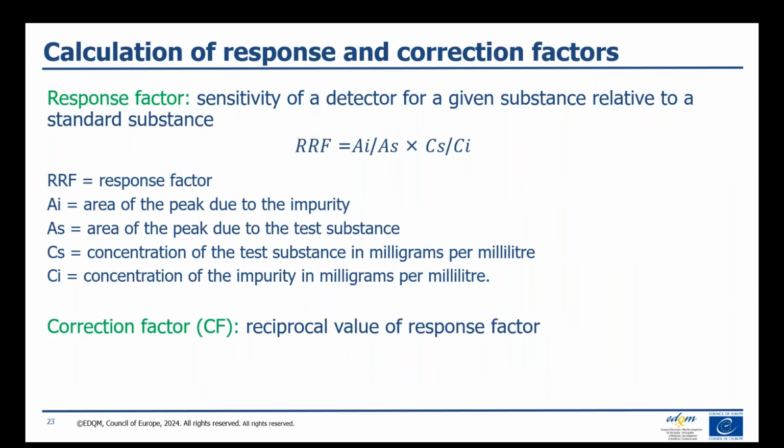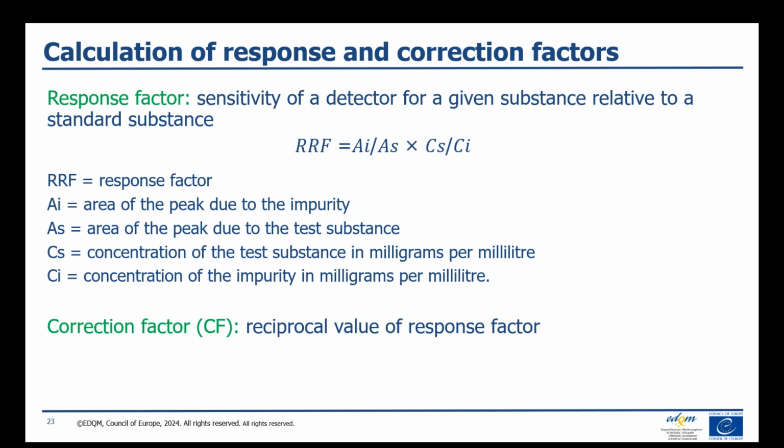For example, you can also inject a solution which contains the substance to be tested and the impurity at more or less the same concentration, and you compare the area of the two peaks, and of course you have to correct the area by the concentration of the test solution and of the impurity.